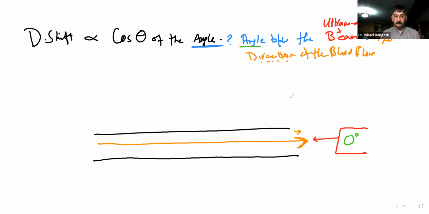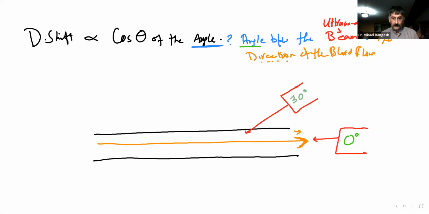We can just say that, for instance, if this here was our transducer, and this was the direction in which the beam was forward traveling, we may say that this here may be a 30-degree angle.